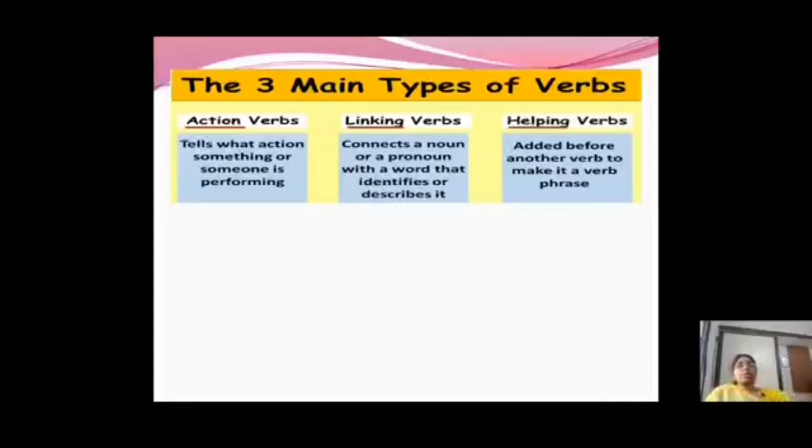Linking verb connects a noun or a pronoun with the word that identifies or describes it. Helping verbs are added before another verb to make it a verb phrase.